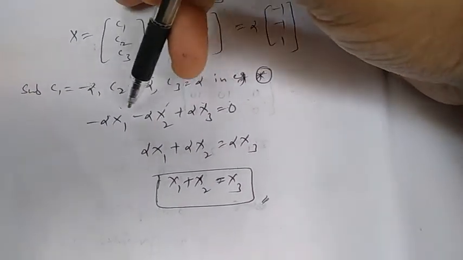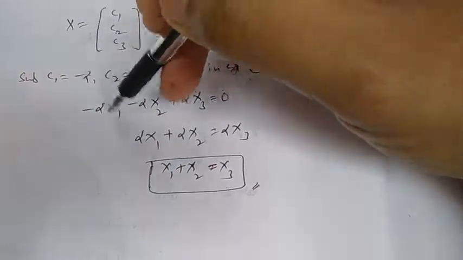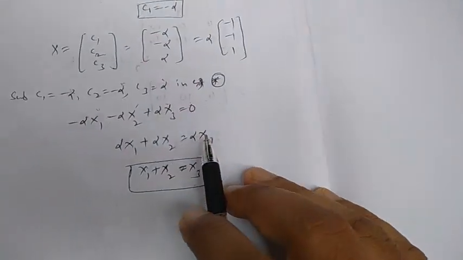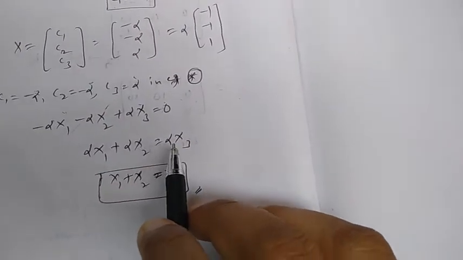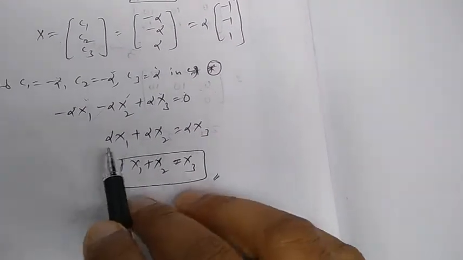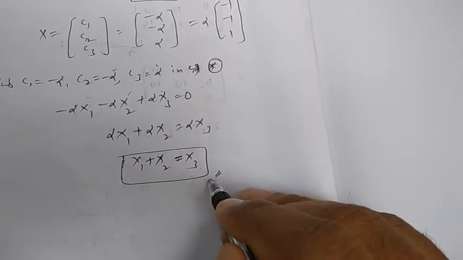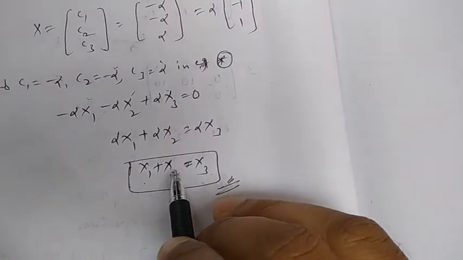Now alpha is common. Write these terms on one side: alpha x1 plus alpha x2 equals alpha x3. Now alpha cancels on both sides, then x1 plus x2 equals x3. This is the relation between the three vectors: x1 plus x2 equals x3.